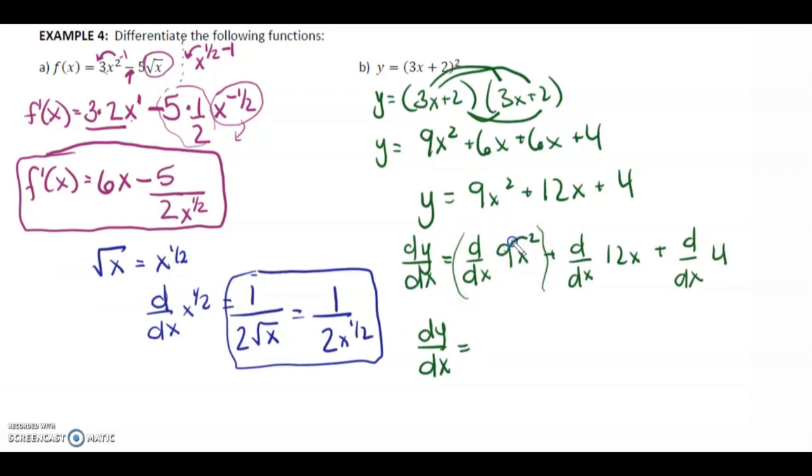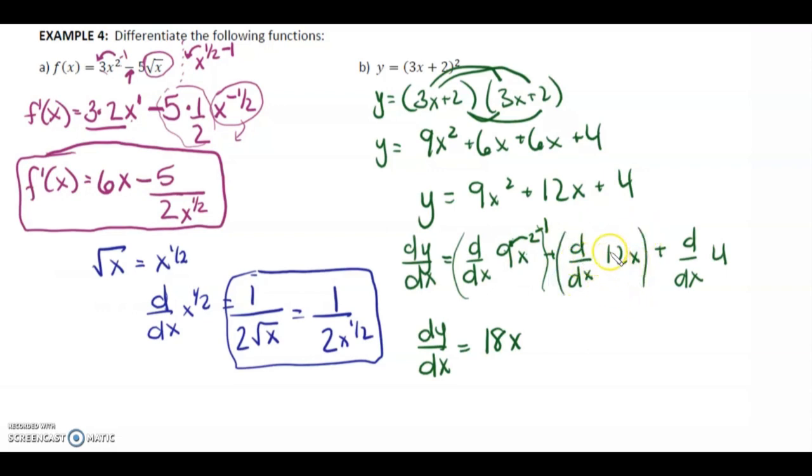We're going to bring the 2 down, and as a short form, I'm just going to do 2 times 9. So I'm going to write 18, and then x squared becomes x to the 1. So the derivative of 9x squared is just 18x.